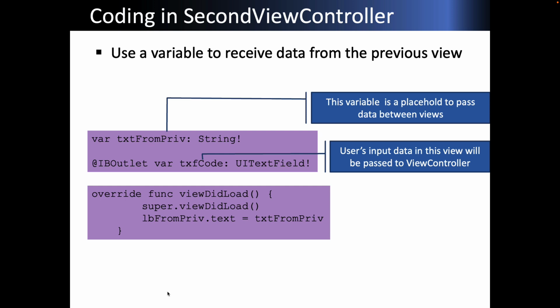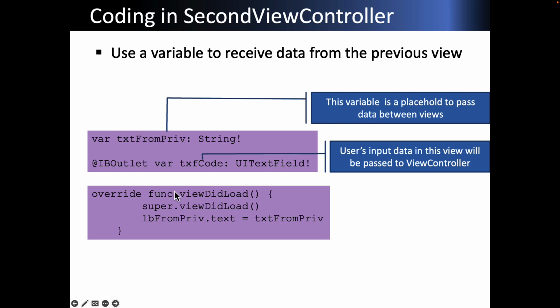In the second view, remember that this is the variable that we are going to receive. This is a local variable on the second view. Then on the second view controller, there are graphical components, which is a text field, right? And also there is a label, lb pref.